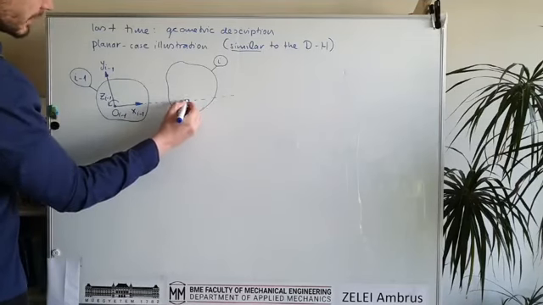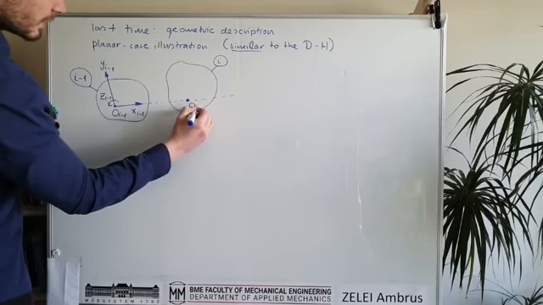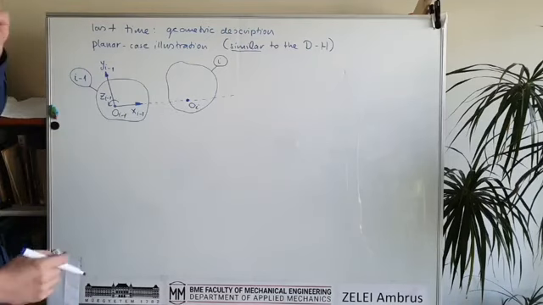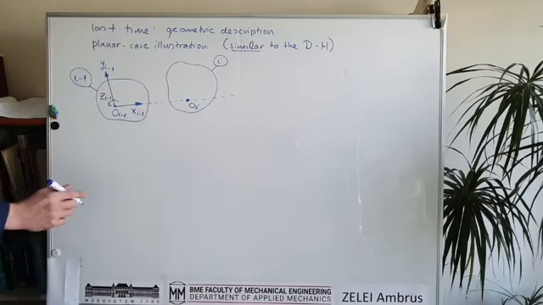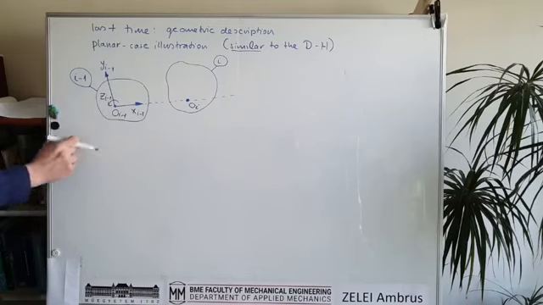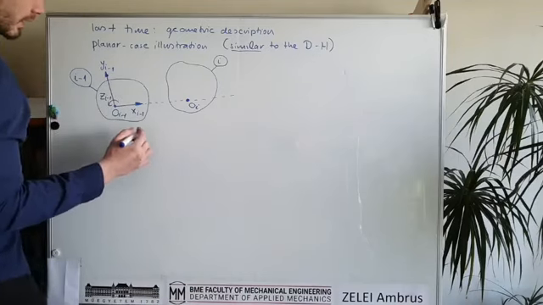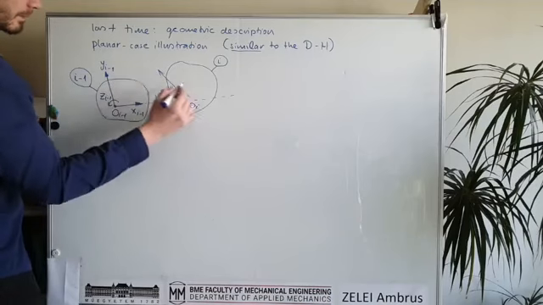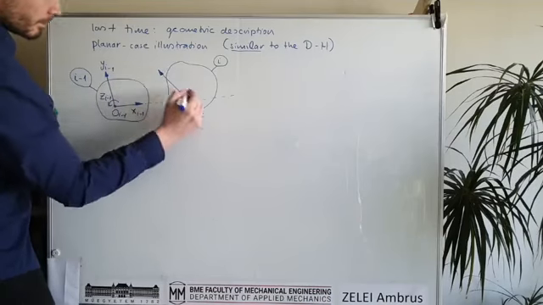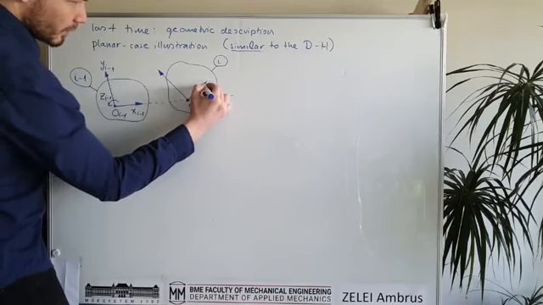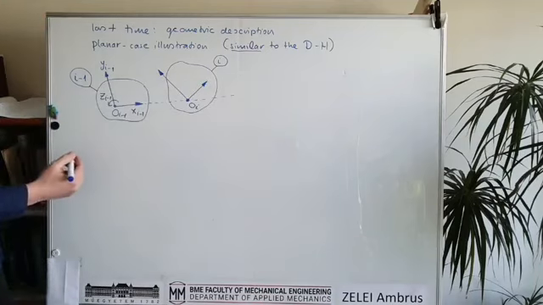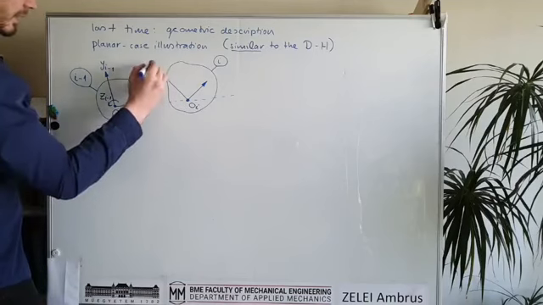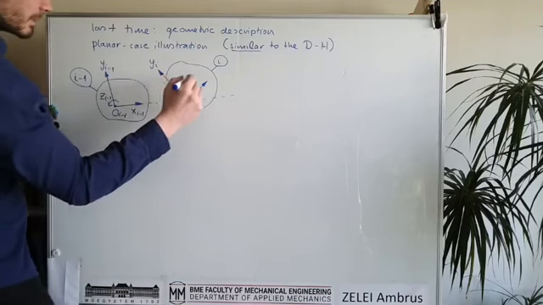So here we will have the origin of coordinate system I, and this is a translation, and additionally we have a rotation, so we can also rotate this coordinate frame, and this translation and rotation will give us two free parameters.